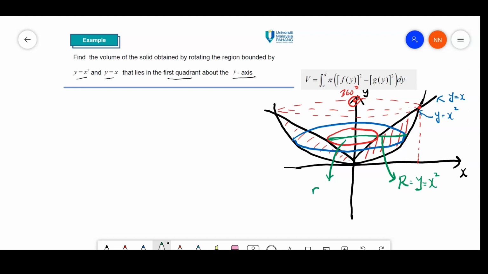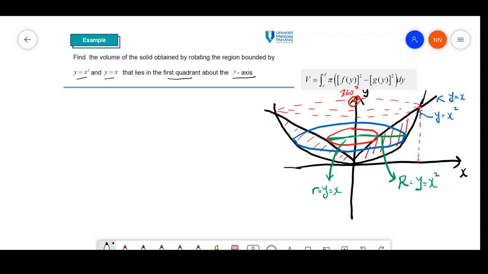So this should be my inner radius. You can see this inner radius touches your inside function, which is given by the straight line. So the inner radius is represented by y equals x. Alright, so now let's calculate the volume.